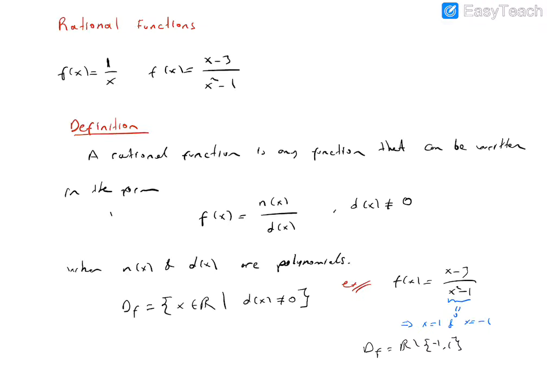The graph of a rational function is a bit difficult. I can give you some examples of graphs of rational functions, and on this example I can say something. For example, the graph of x minus 3 over x minus 2, like this one.